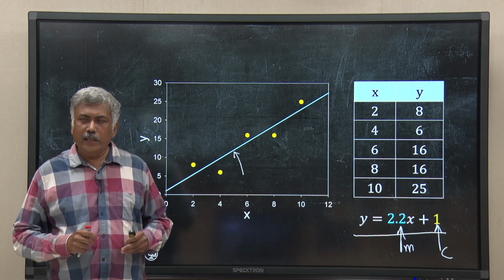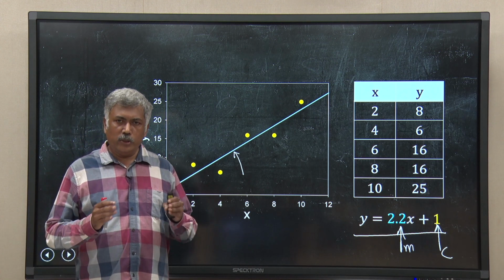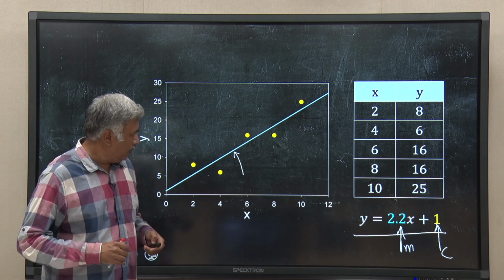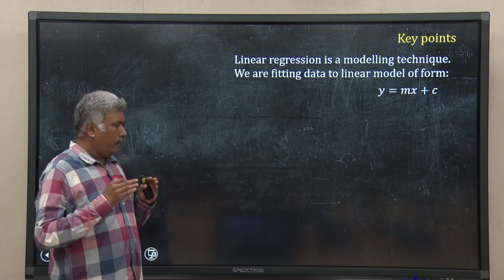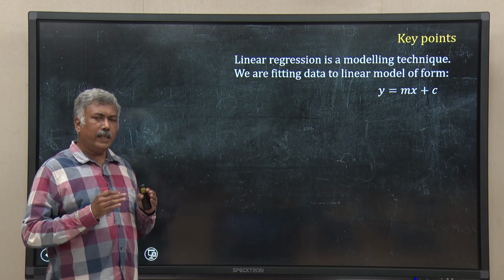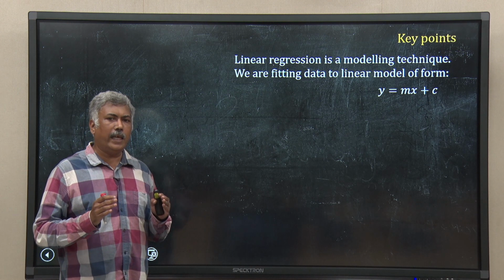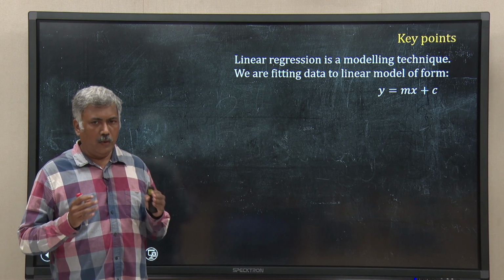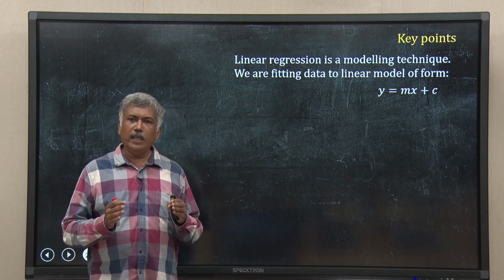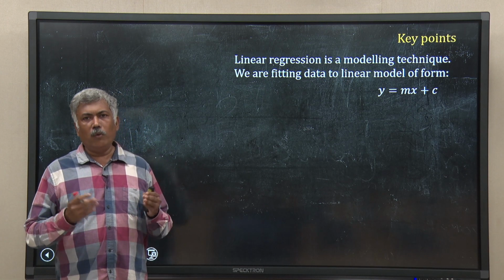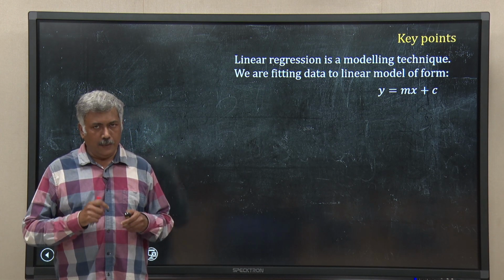So, that is all for learning linear regression. Let me jot down the key points. The first thing that we have to remember is that linear regression is just a modeling technique. What we are doing is fitting our data to a linear model of the form y equal to mx plus c.